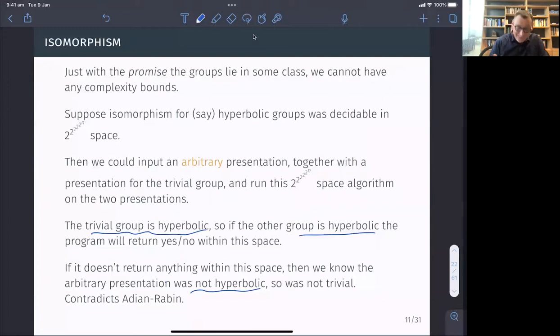So if we had any kind of crazy space bound, we could decide whether an arbitrary presentation was trivial. And Adian, back in the 50s, I think, has already shown that this is an undecidable problem. So I think that's quite interesting: we can have decidability for particular classes, but just given presentations, the best we can hope for is decidability. We can't have any complexity bound.